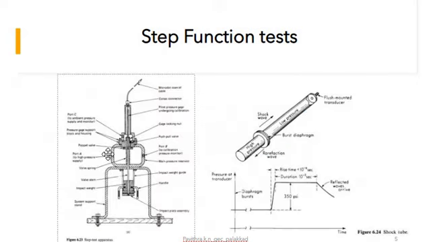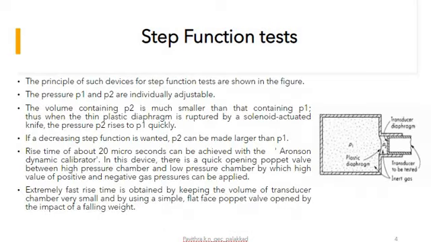So this is the Arsenal dynamic calibrator, and in this figure, this one is the poppet valve between the high pressure and low pressure chamber. This poppet valve will open and close quickly, and during this opening and closing, high values of positive and negative gas pressures will be formed.